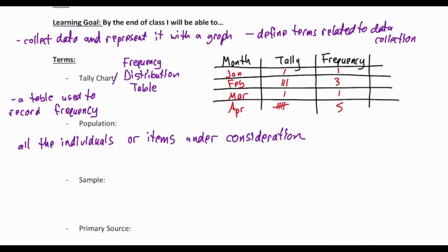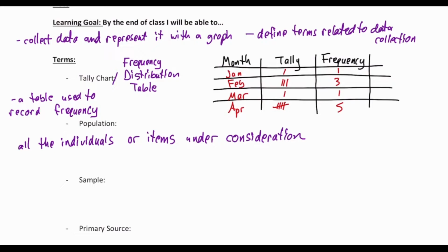So if I want to know something about everyone at Lucas, the population would be the entire AB Lucas student body. But generally, it's not possible to talk to an entire population of people. It takes too long. It's too difficult or time consuming. And so instead, we often look at a sample instead.